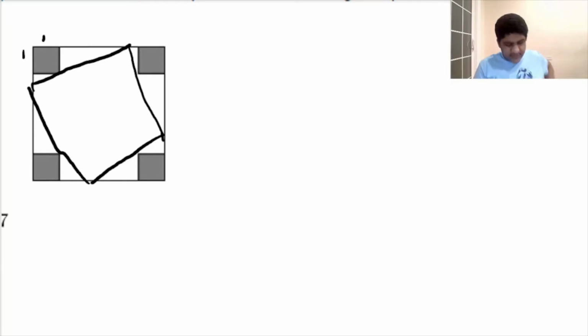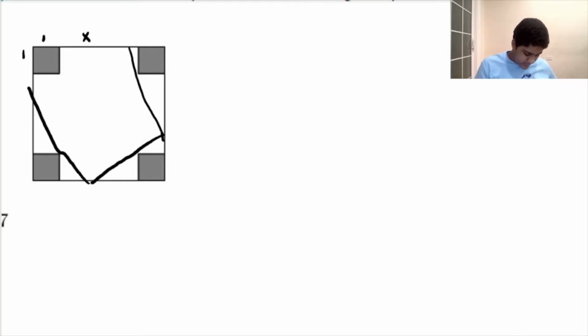Yeah. So let's just look at this top left corner triangle. So we know that the side length of the gray square is 1. Let's just note this longer length as x. So what do we know about the smaller length?